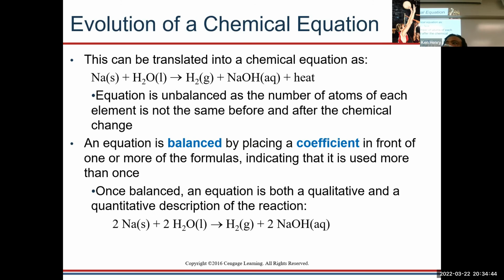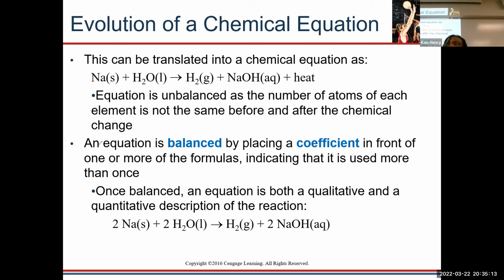So as we started, we first translated the chemical formulas, and we have to be sure that the chemical formulas are correct before we could actually start doing the coefficients. We know that sodium hydroxide was NaOH because sodium has a +1 charge and hydroxide has a -1 charge, so it has to balance out completely.